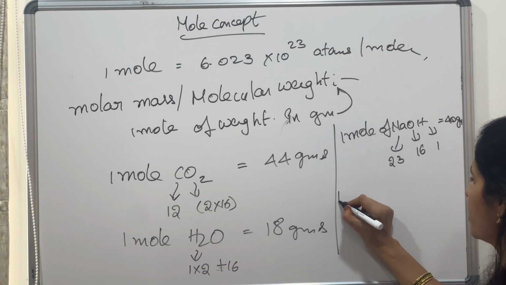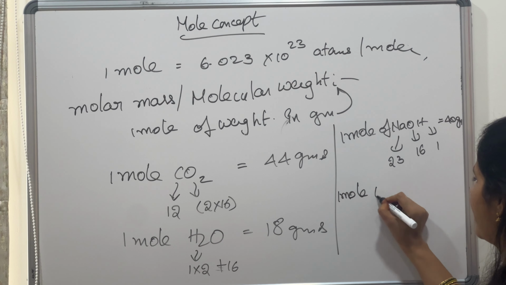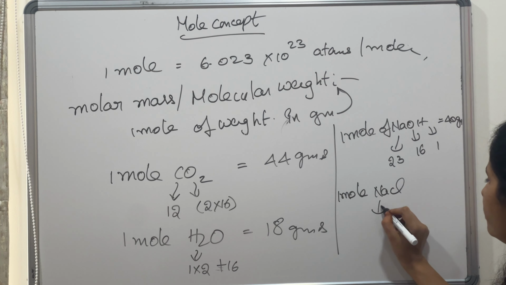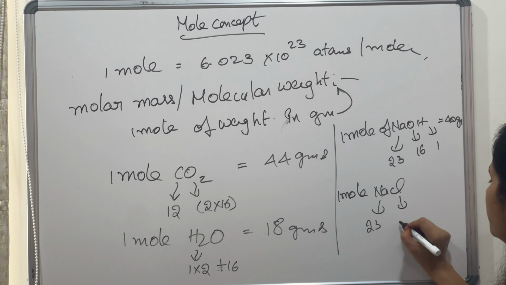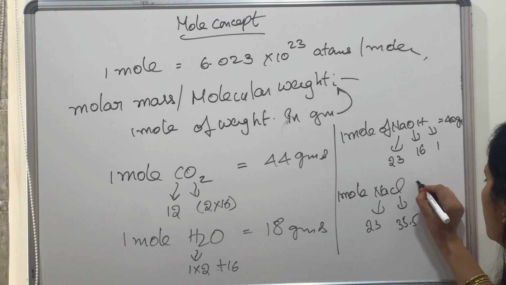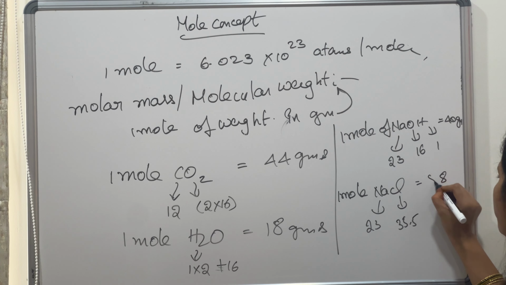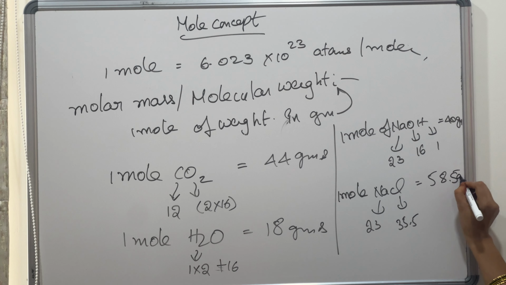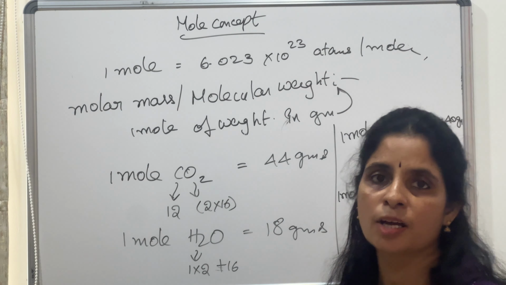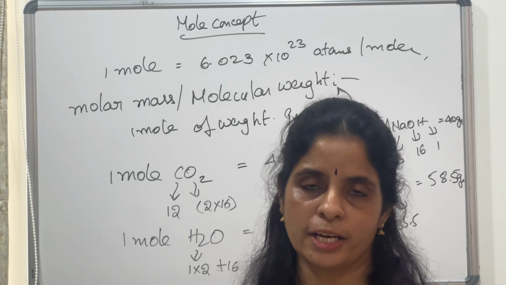Clear? Similarly, 1 mole of NaCl: sodium 23, chlorine 35.5, altogether 58.5 grams. This is nothing but molar mass or molecular weight.